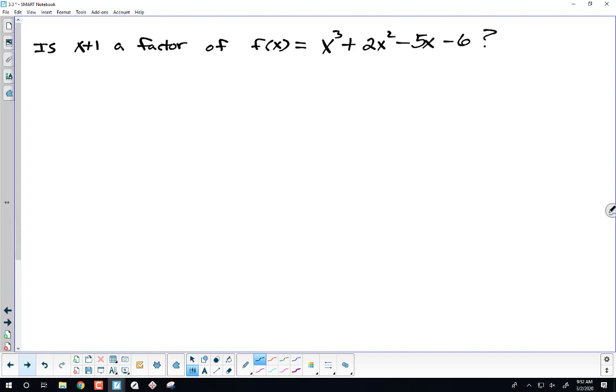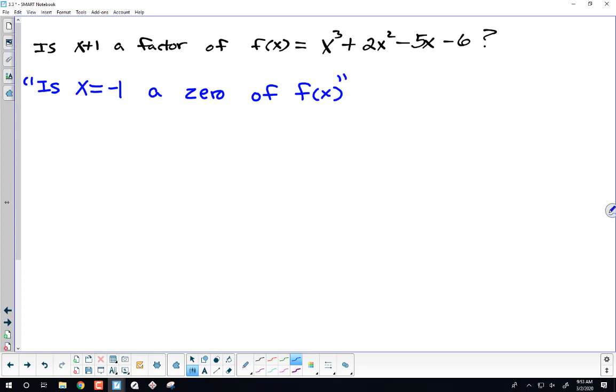If the question is whether this thing is a factor of this function, another way to state that is: is x equal to -1 a 0 of f of x? Those two questions are exactly the same question.